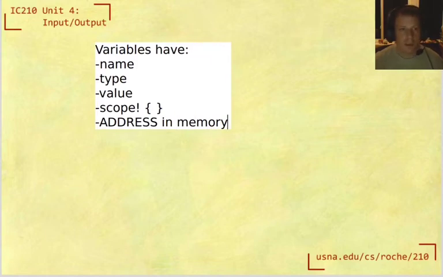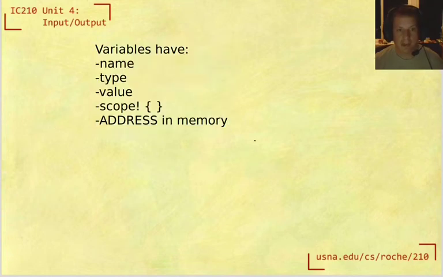So when we declare a variable with something like int x, the compiler has to know about a number of things in order to make that work. If we have something like int x equals 7 in our program, then the name is x, the type is int, the value for right now is 7, and the scope is whatever block it appears in.